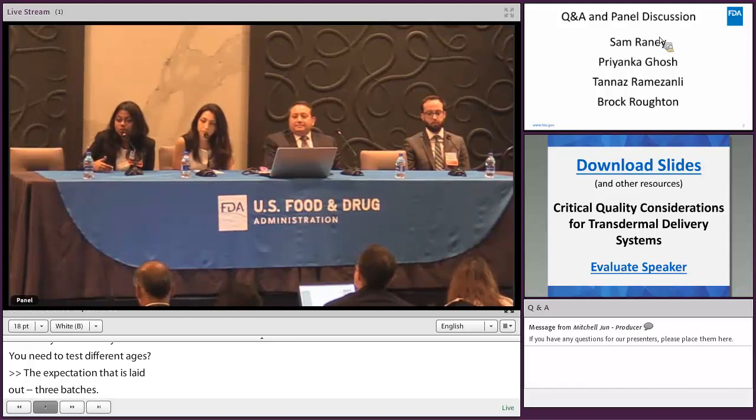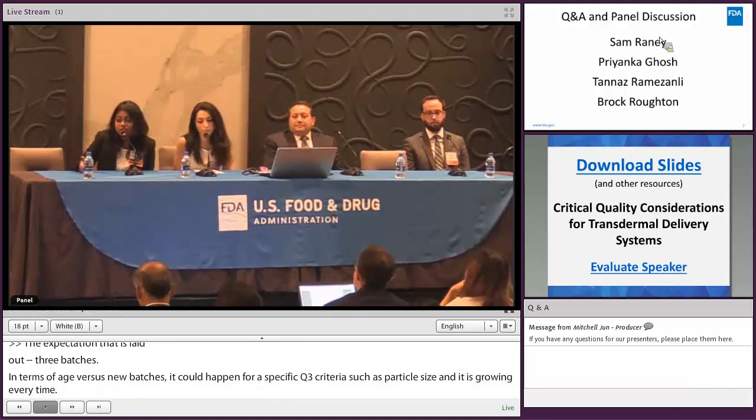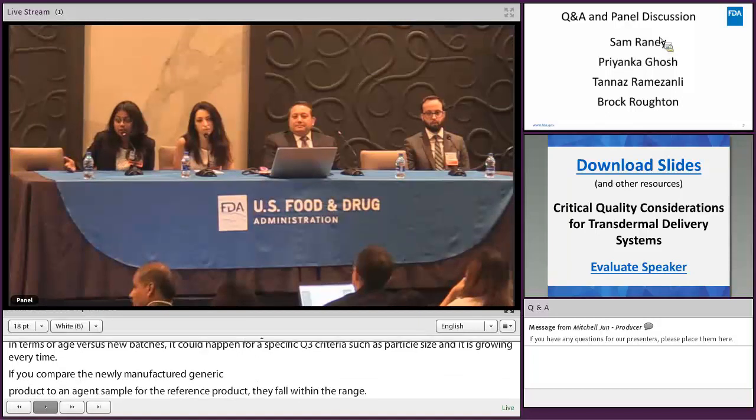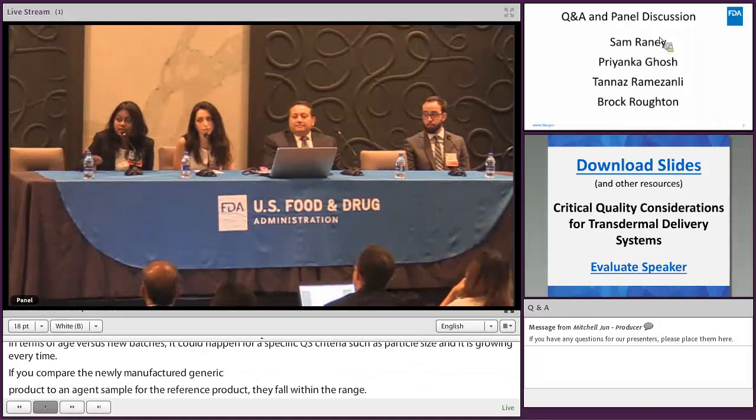In those situations, if you compare the newly manufactured generic product to an aged sample of your reference product, and they compare well, they fall within the range, we don't know for sure if for the generic product also the particles can grow over time, and in those cases those specifications will fall out of that range. Therefore we recommend in those situations, if you do observe a trend within the reference product or expect a trend for your generic product, that you compare batches that are across the entire shelf life duration.